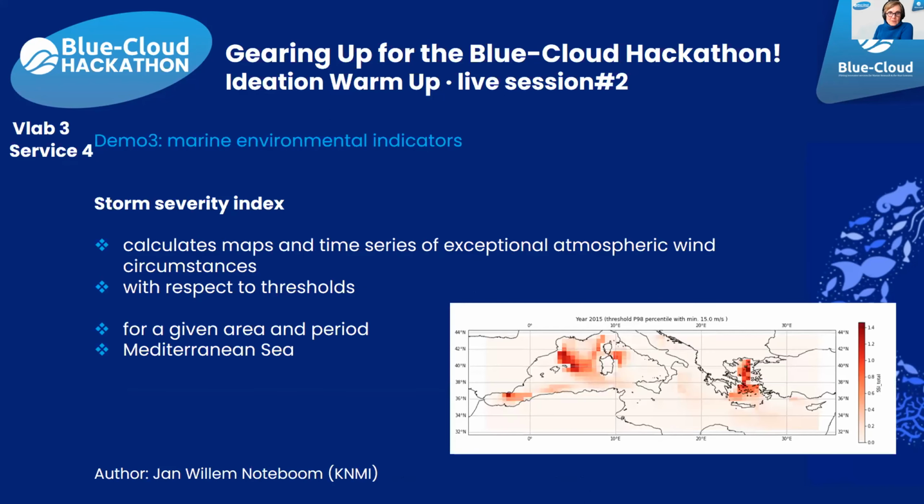The fourth service is called Storm Celerity Index. It's not anymore from oceanographic marine data, but atmospheric wind data that are used. This service calculates maps and time series of exceptional atmospheric wind circumstances with respect to a threshold that can be either constant or in percentile.